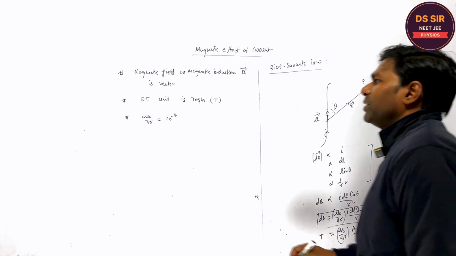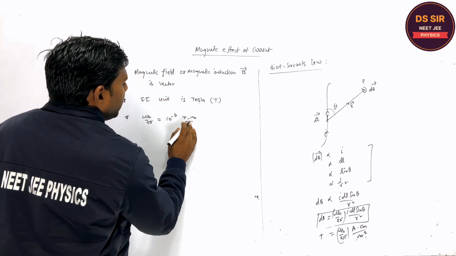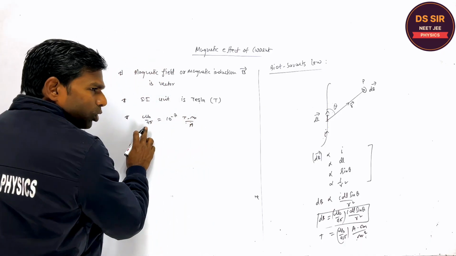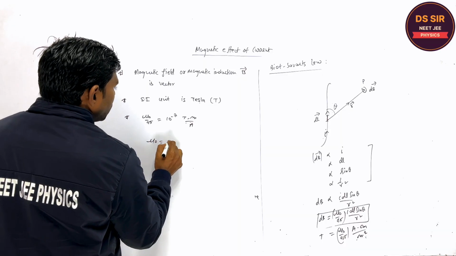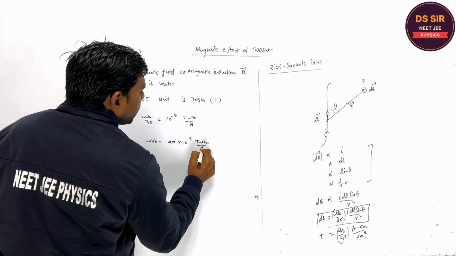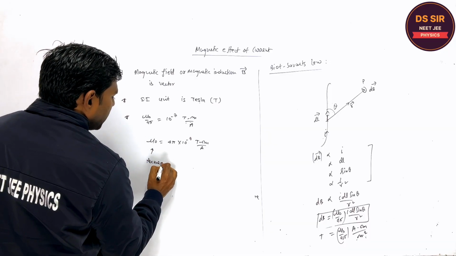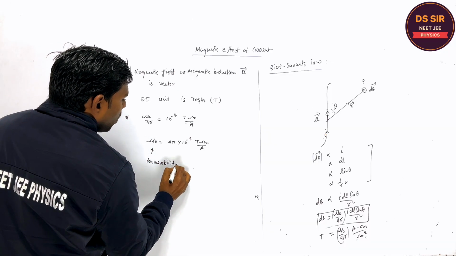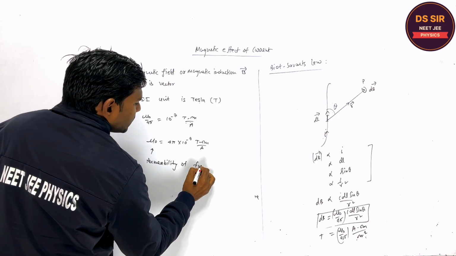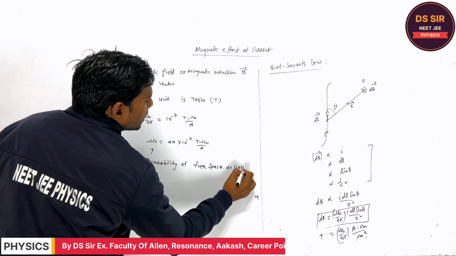Tesla meter upon ampere, where mu naught is equal to 4 pi into 10 to the power minus 7 Tesla meter upon ampere. It is called the permeability of free space, or vacuum, you can say, right?